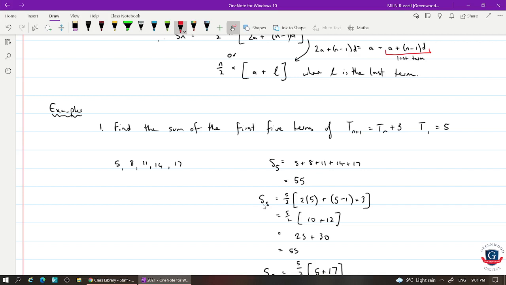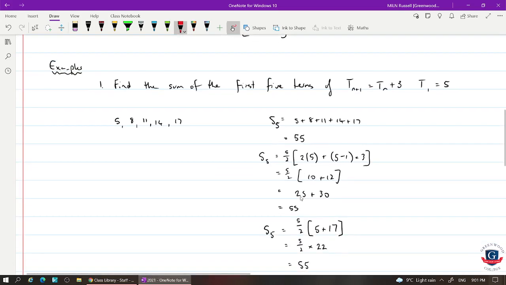But if we want to use the new formula, the sum of the first 5 terms is equal to n on 2, 5 on 2, times 2 times the first term, which is 2 times 5, plus (n minus 1), where n is 5, so 5 minus 1 is 4, times 3. Then we get 5 on 2 multiplied by 22, which, using the distributive law, is 55, or if we just used our calculator, that would have been easy.